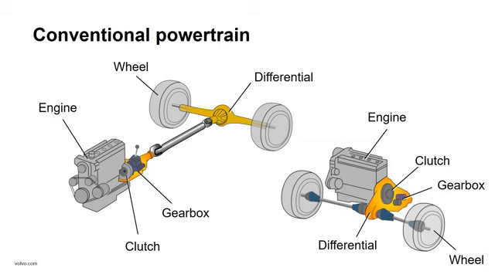The powertrain is a set of components that propels the vehicle. To the left, you see a simplified view of a rear-wheel drive powertrain, and to the right is a front-wheel drive powertrain. Again, their appearance might be different, but they have the same basic components with same basic functions.